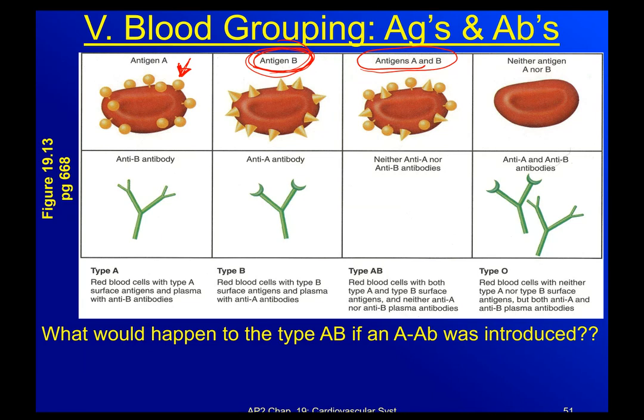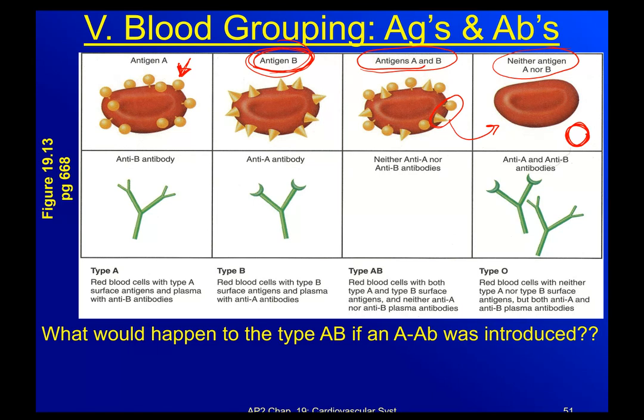If I am neither A or B, so I am type O, I'll actually make both of these. I'll make both the anti-A antibody and the anti-B antibody. Why? Because both of these look weird if that's what your blood normally looks like.